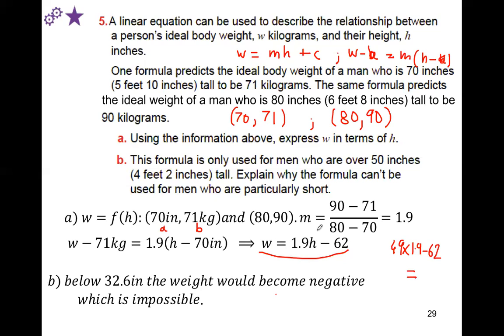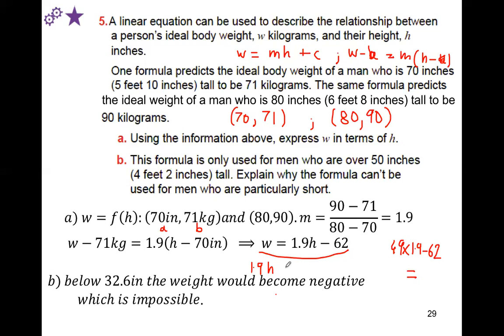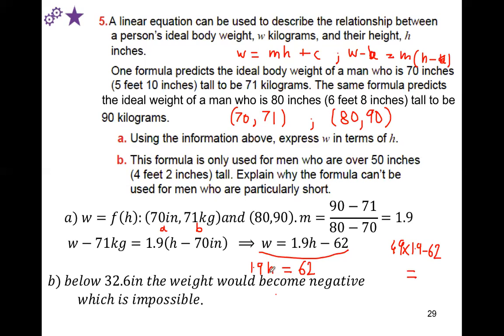basically, when do you get this weight equal to 0? When 1.9H equals 62. So what happens if you get 1.9H equals 62? What's 62 divided by 1.9?